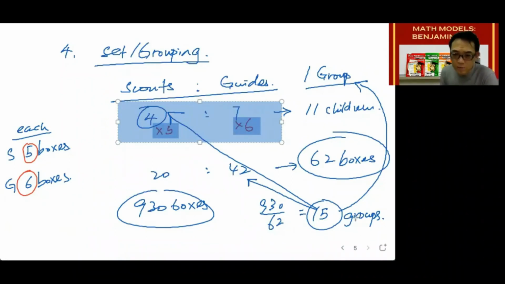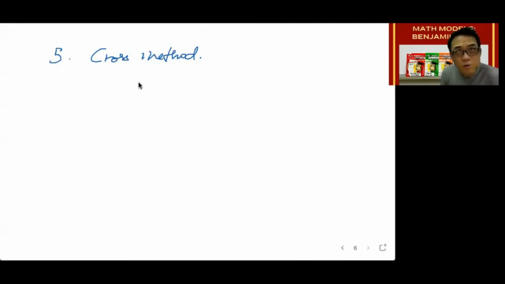And now we come to the 5th and last type of ratio question. The 5th type is what we call the cross method. In the cross method, generally it looks like this. Let's take boys and girls again.